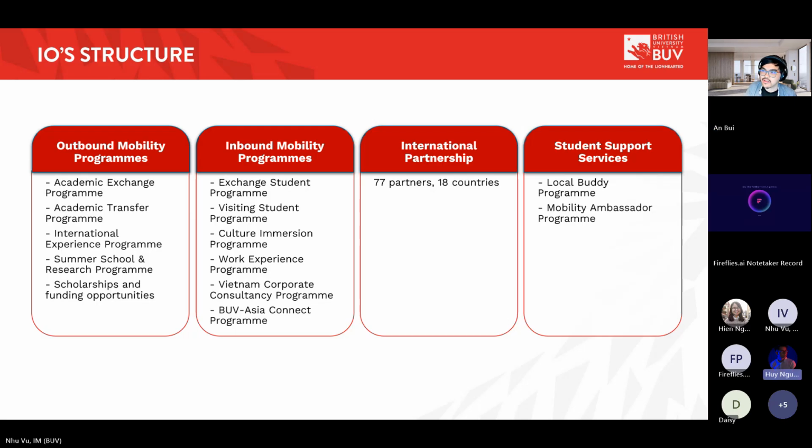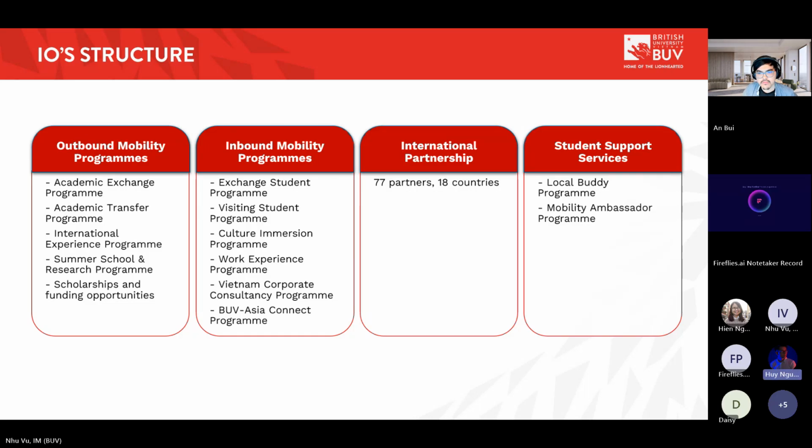It is different from the exchange and the visiting program because each international student joining the exchange or visiting program will study at BUV. And the country immersion program is just a short-term program. It will be from 1 week to 4 weeks, and we will combine both academic sessions and country exploration programs. About the country learning program, we have 2 types.